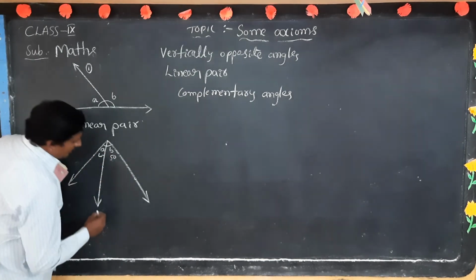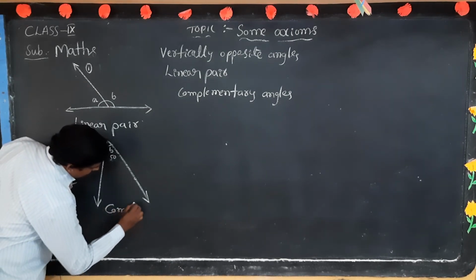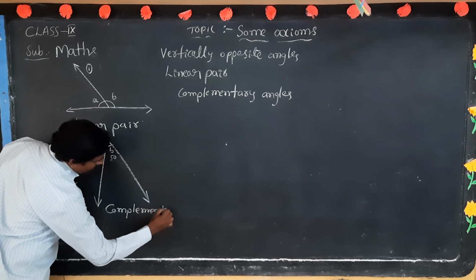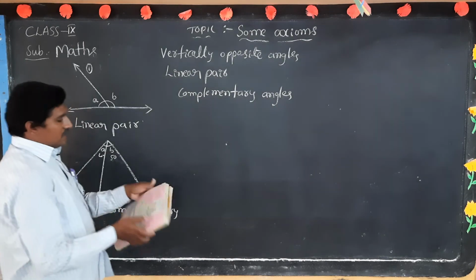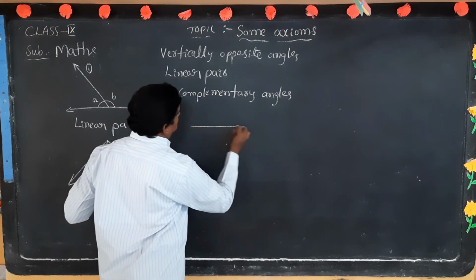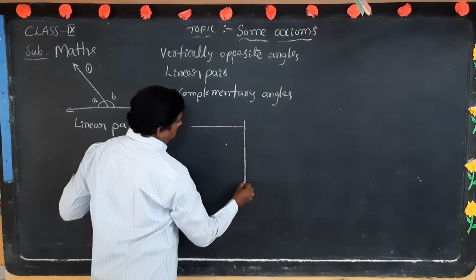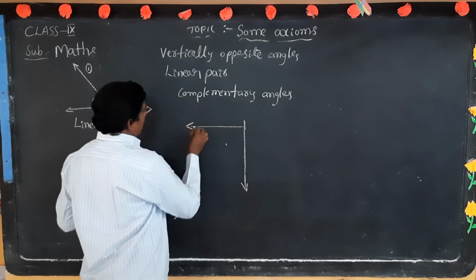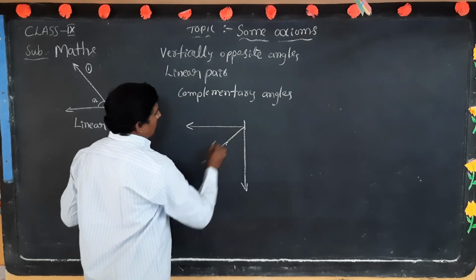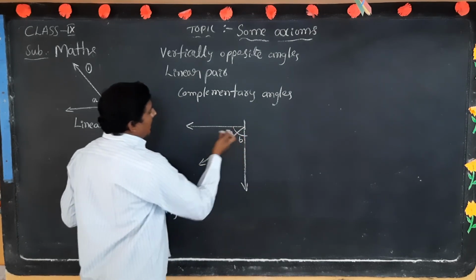So this is called complementary angles. The next diagram they have given: A, B. Again 90 degrees only.